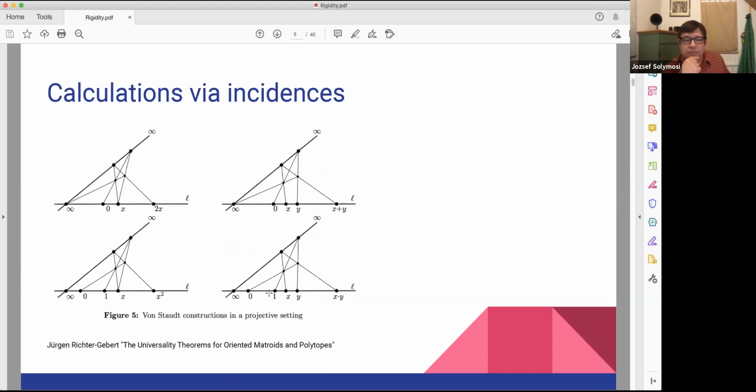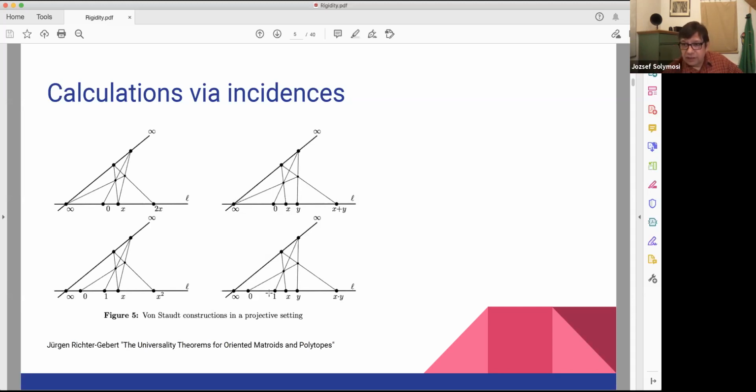Here is an important point. When you have points and incidences, then you would think that this is part of geometry. Well, it is definitely part of discrete geometry. But if you wish, then it could cover a huge part of algebraic geometry. I don't know if you heard about this classical construction, the von Staudt constructions, to do multiplication, addition, and various things using point-line incidences.